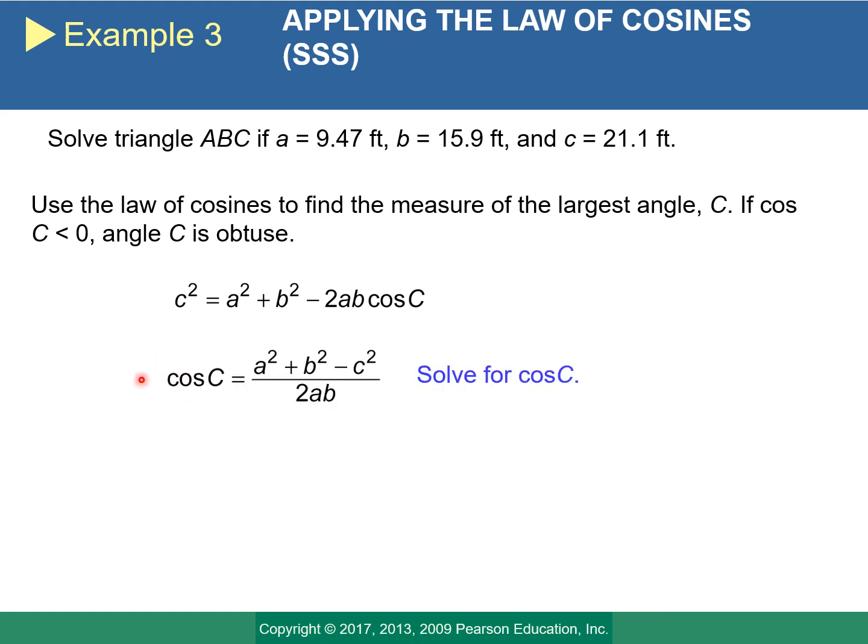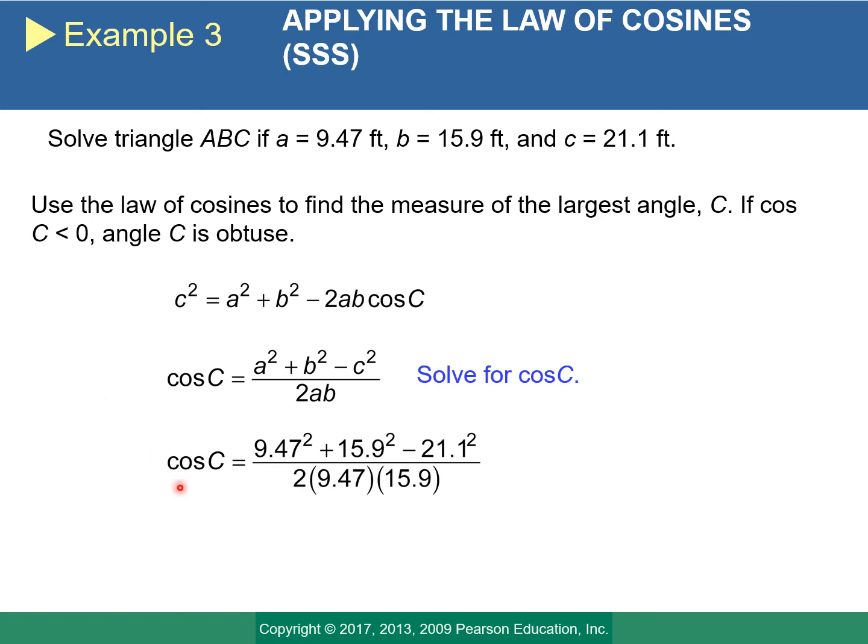You can take this step ahead of time if you want. You can solve for cosine C ahead of time before plugging in your numbers. So if you just isolate cosine C by subtracting a squared minus b squared over here, and then dividing everything by this negative 2ab, that's how you can isolate cosine C. And then you can do that ahead of time before plugging in, or you can just plug in your numbers first if you'd like.